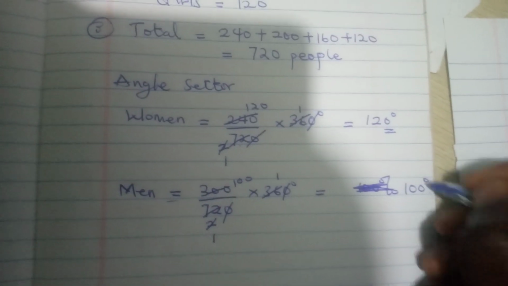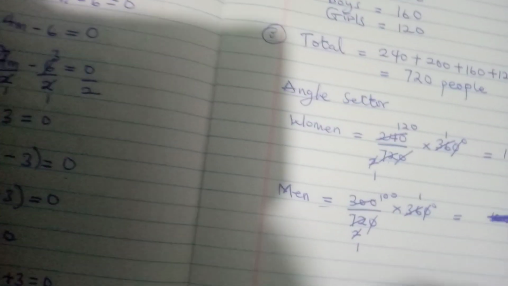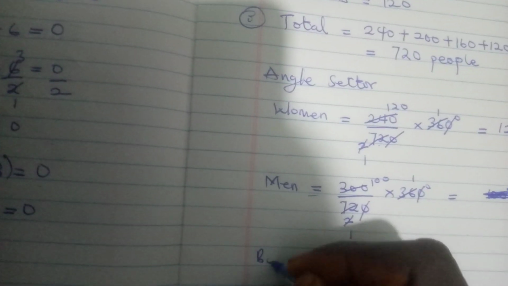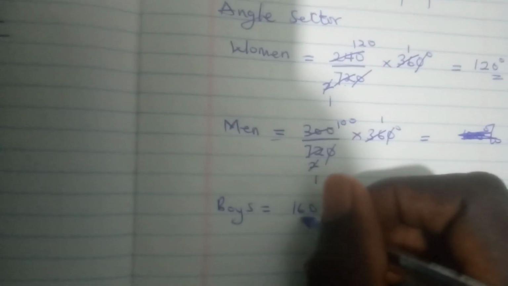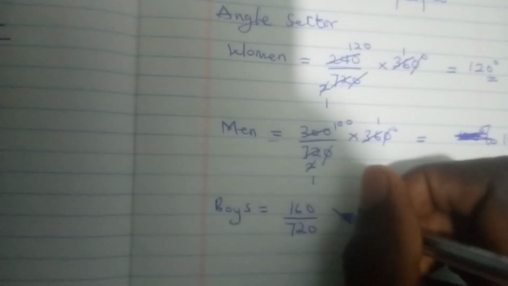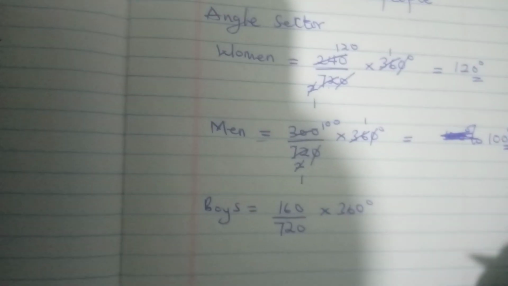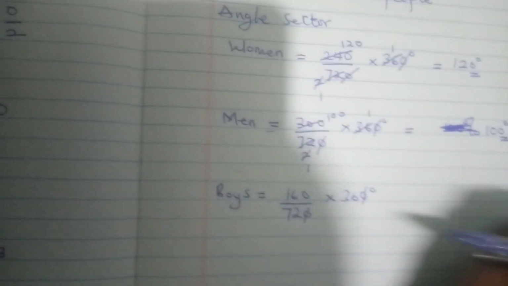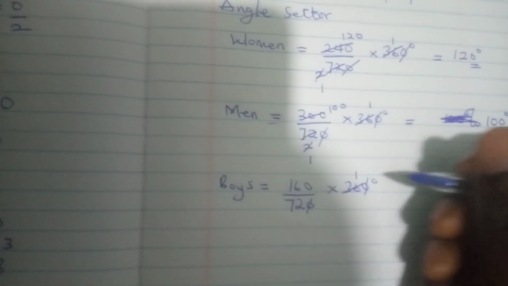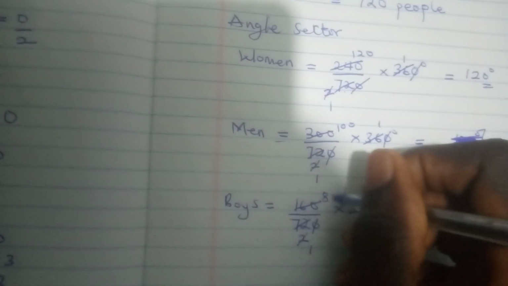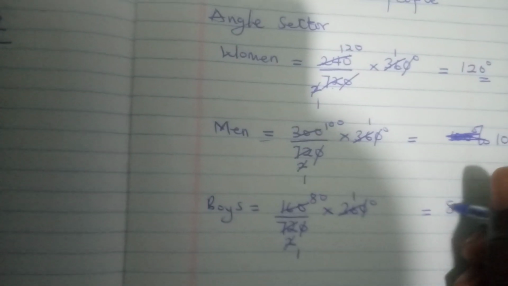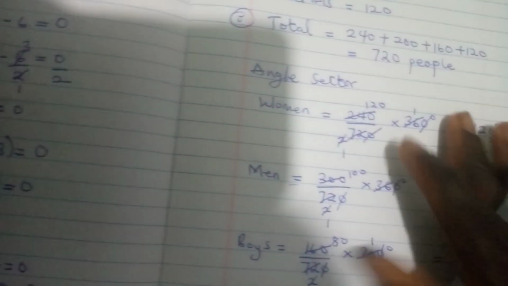So the trend continues like that. So we have boys. The number of boys over the total people times 360 degrees. 0 cancel 0, 36 here 1, 36 here 2, 2 here 1, 2 here 80. So that gives you 80 degrees.